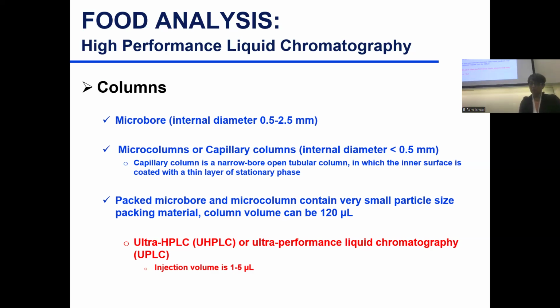So in HPLC, these columns usually are packed with really fine particles, small particle size packed under pressure, so very, very small void volume. And in UPLC, which is ultra high performance, usually we use the small columns and most often capillary columns, because these would withstand higher pressures. With those small columns, we get better resolution and very short analysis time.